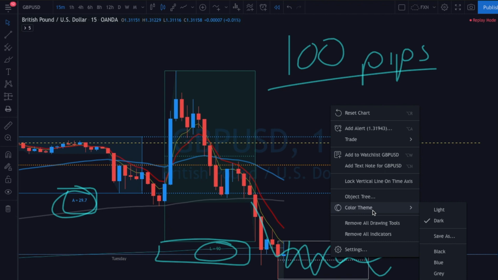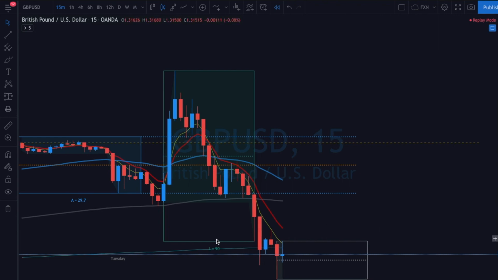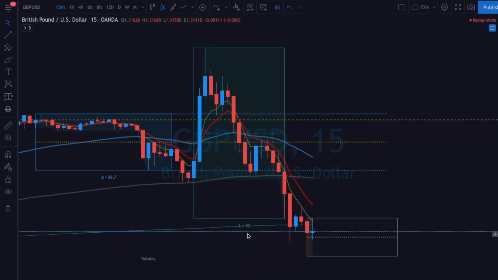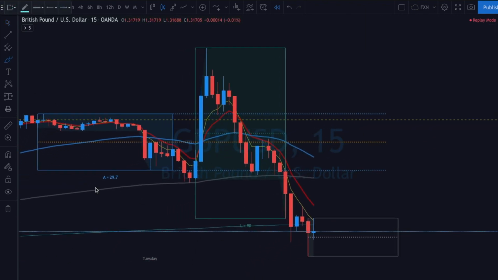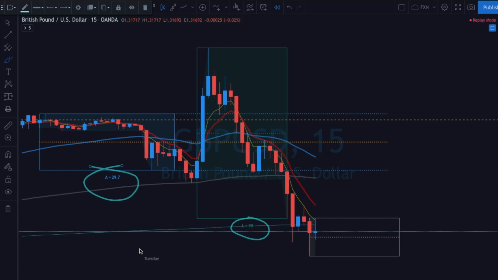Okay? So if you're a trader that likes to trade New York, one of the things that I'd probably look for, right, that'll make trading a lot easier for you in New York, is look at what is the movement of the pips so far that's happened during the London and during the Asian session. So let's say this is a 100 pip ADR, right? Daily average range, for pound USD.